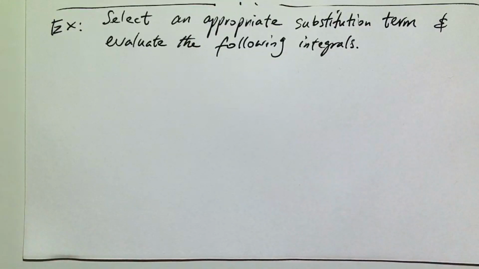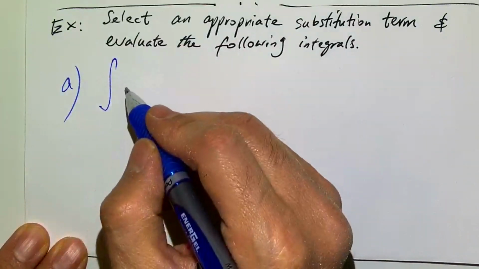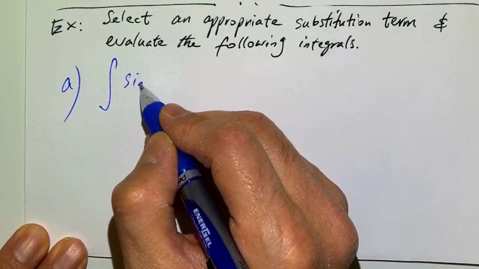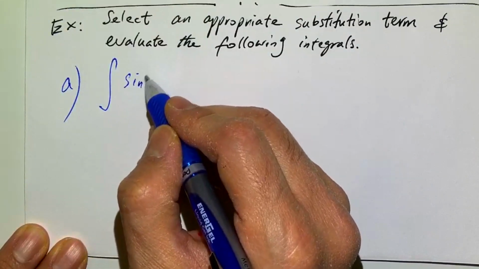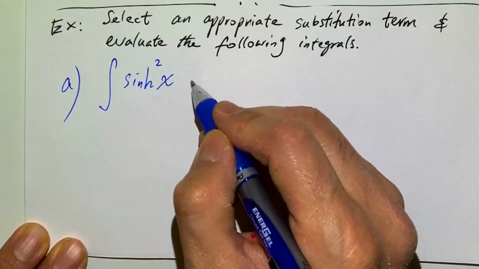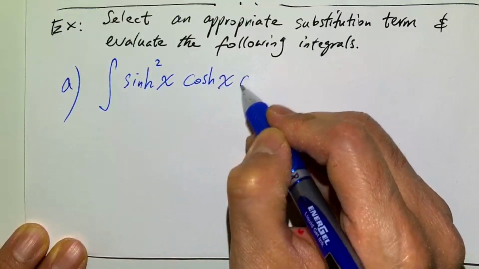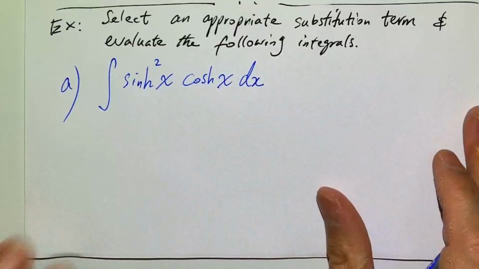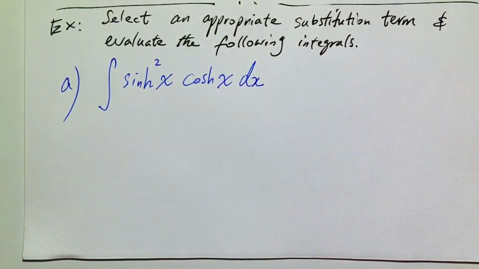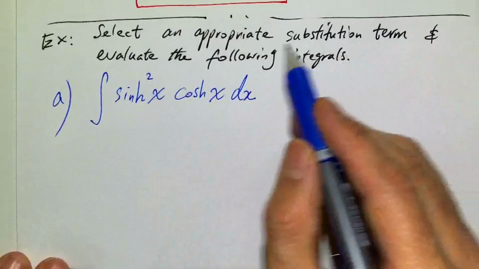Okay, so let's use this example then. In this case, we have the hyperbolic sine x times hyperbolic cosine of x dx. Now, this should be easy, right? To pick a substitution term as they want us to, right?